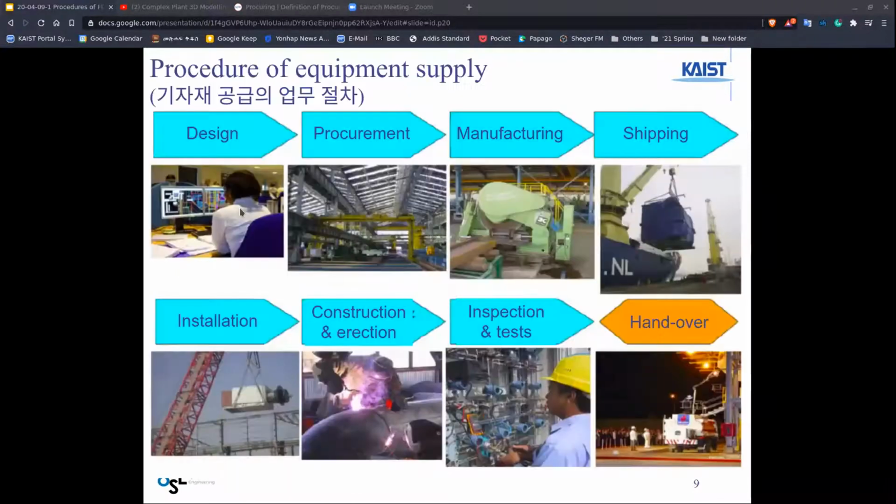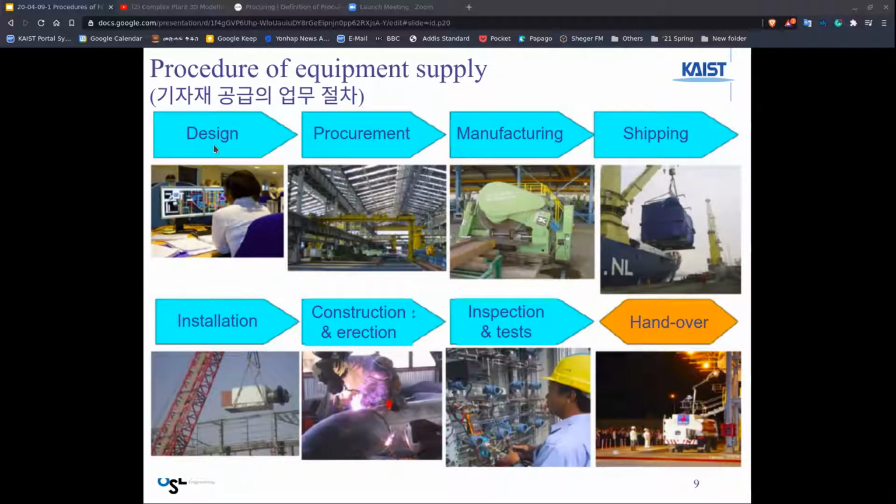So another similar procedure, but this is from the viewpoint of equipment supply. Equipment is procured from equipment suppliers, like companies such as Mitsubishi and General Electric. As you can see, the beginning phase is design, and then there is procurement, then manufacturing.